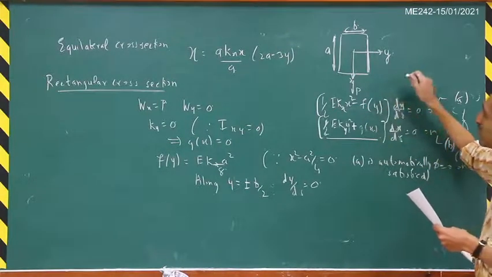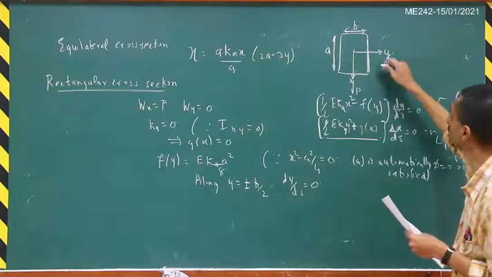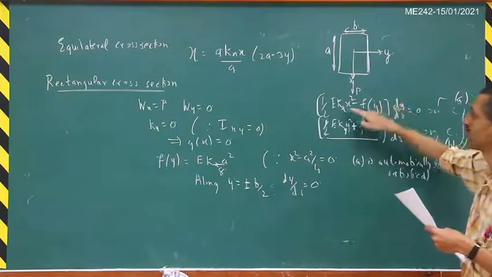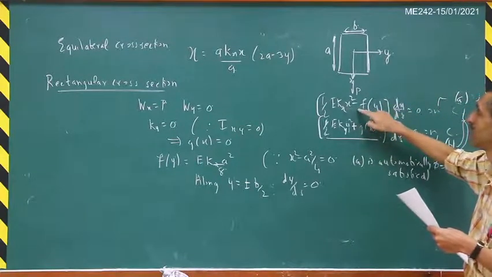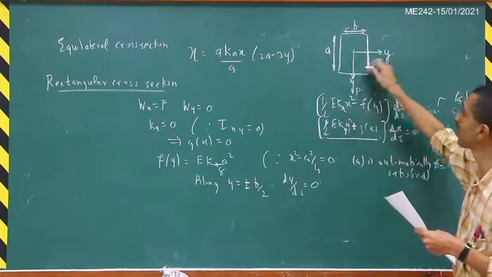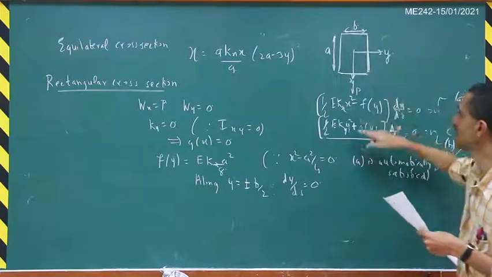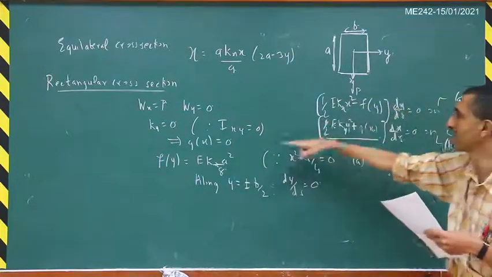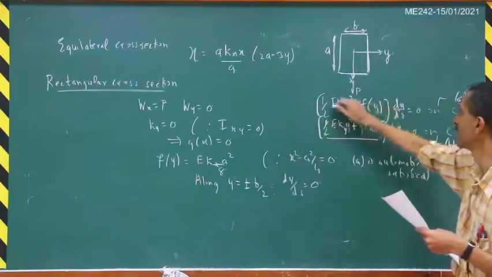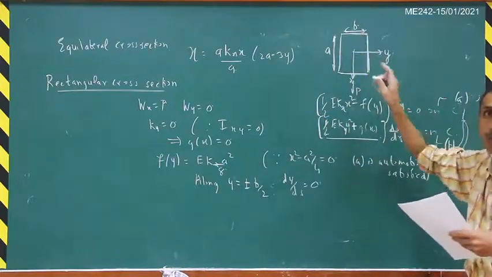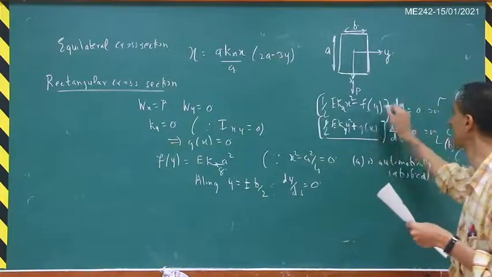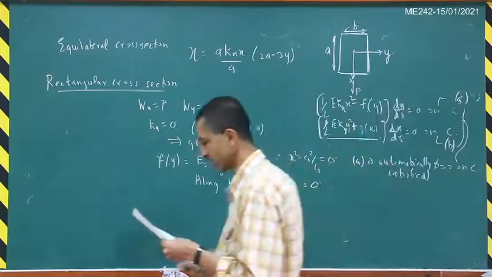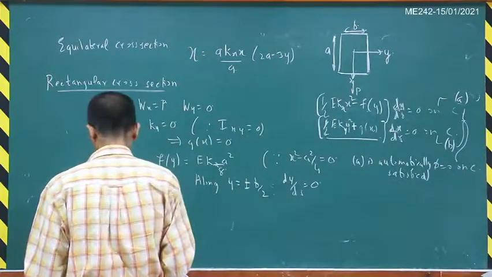So on this particular edge we have dy by dx equal to 0, so we don't need to satisfy that f of y should be equal to half of e kappa x square. But on these edges where x is equal to plus minus a by 2, we are satisfying this. So with this particular choice, this whole condition is satisfied on the entire boundary. That is important. Individually they need not be 0, but as a combination they need to be 0, and this particular choice will satisfy that condition here.